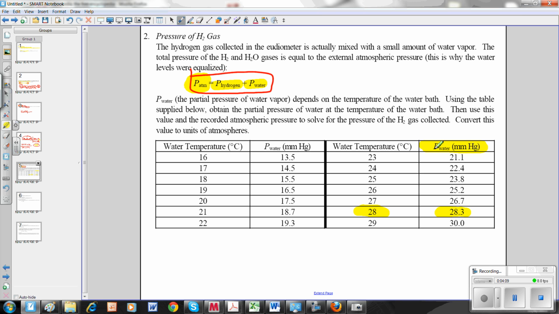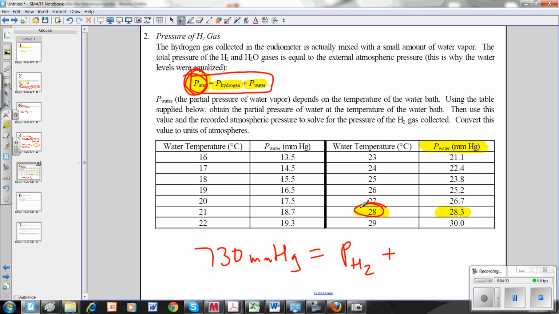The pressure of water vapor at a given temperature is based on this table. So let's say hypothetically the last calculation I converted it and I had 730 millimeters of mercury. I'm just making up a number here. And I collected it at, that would be my total pressure. That's going to be equal to my pressure of hydrogen gas, which is what I really need, plus water.